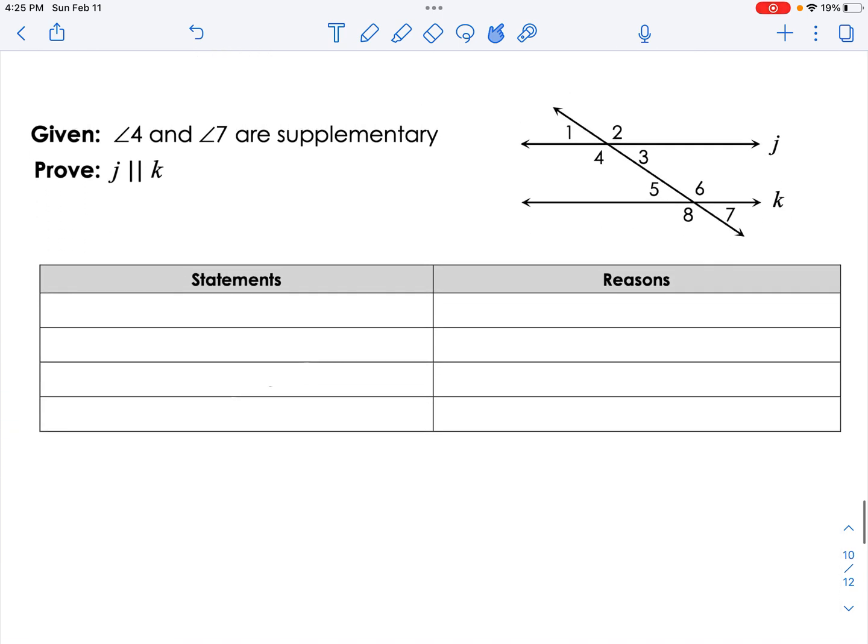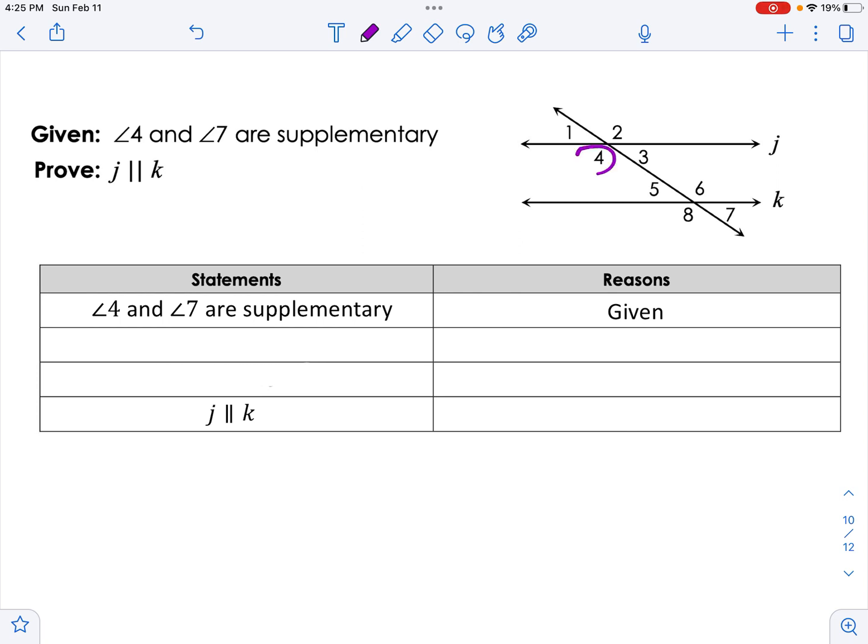All right. Given that 4 and 7 are supplementary, prove that J is parallel to K. Okay, so the very first thing that we'll do is write angle 4 and angle 7 are supplementary, and we know that the reason is it was given to us. I'm also going to write that J is parallel to K. I don't know the reason for that yet. Okay, so let's see, 4 and 7.